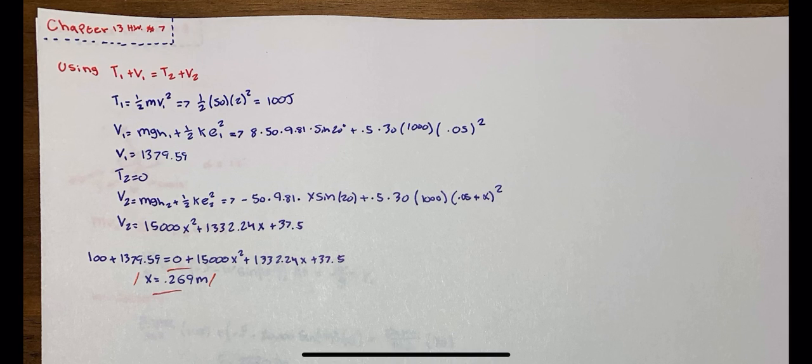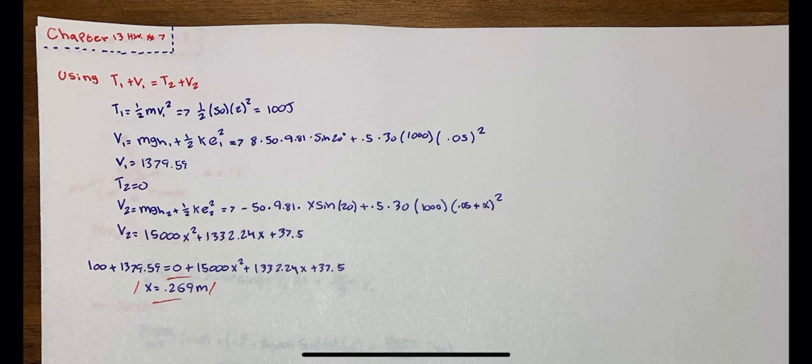So we know that T1 plus V1 is equal to T2 plus V2. We know that T1 is 1/2 mv squared. We can solve for that and get 100 joules. We know that V1 is mgh plus 1/2 ke squared. We can plug in our knowns and solve for V1 is equal to 1,379.